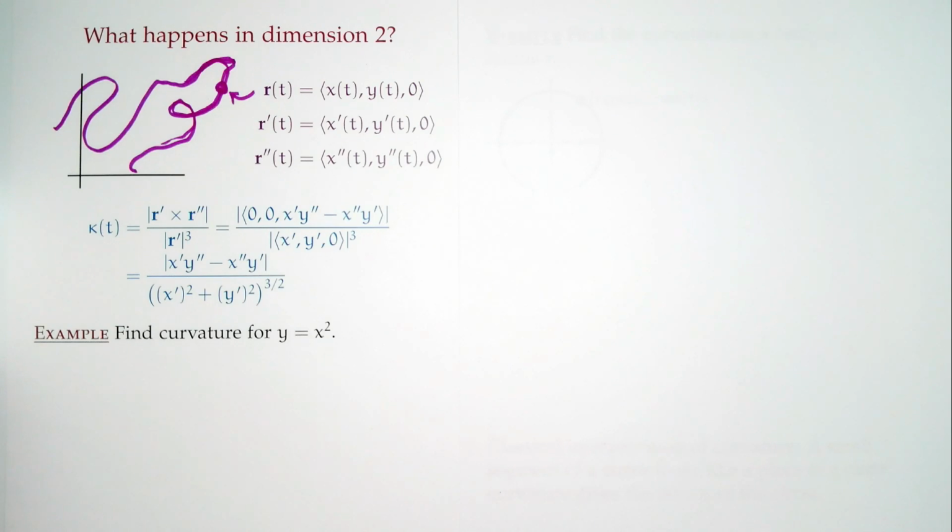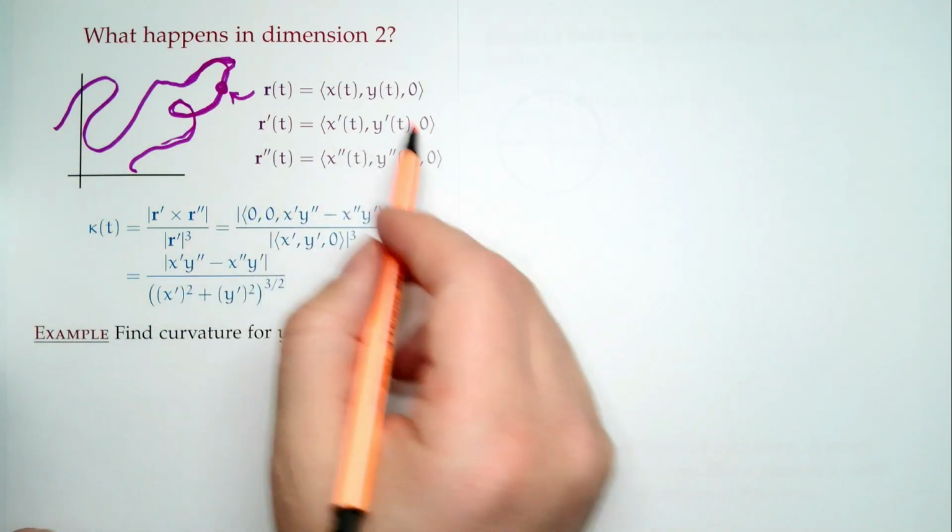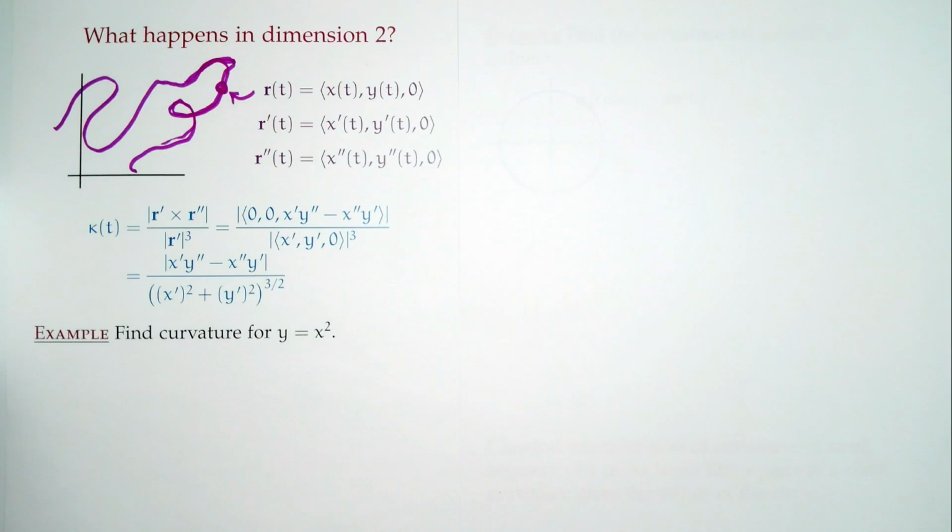I want to try to convince you that, at the very least, it should be absolutely true that the first 2 entries should be 0. Can we think about why? Well, if I'm in the plane, what's true about r prime? Where does r prime live?